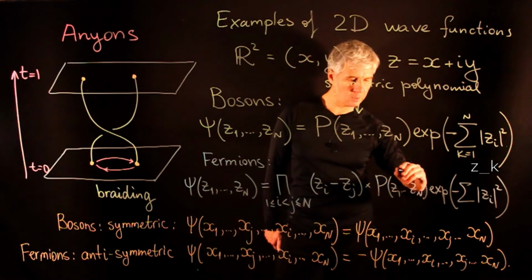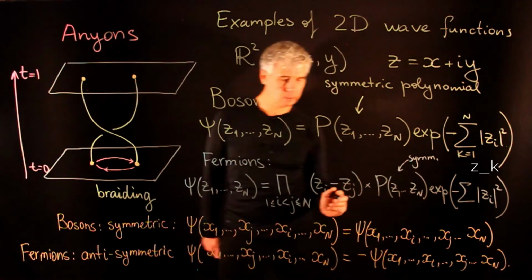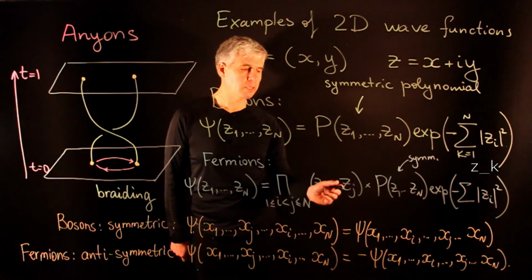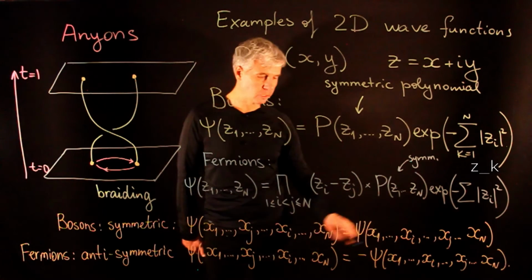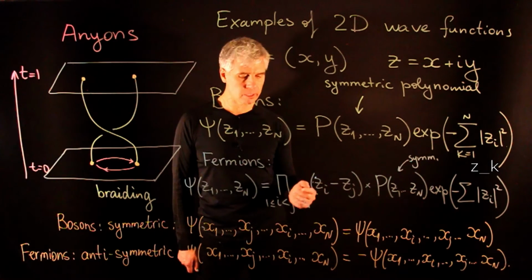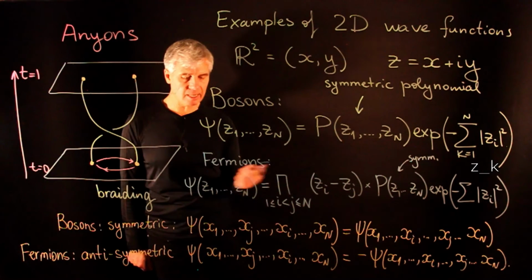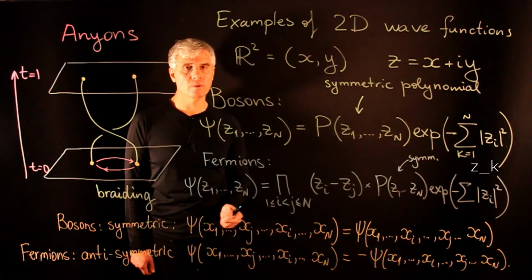And here this is again symmetric, and the first factor will ensure that our wave function is antisymmetric. So if we interchange two particles, then the sign of this fermionic wave function will change.